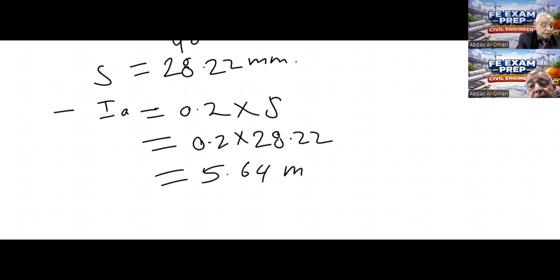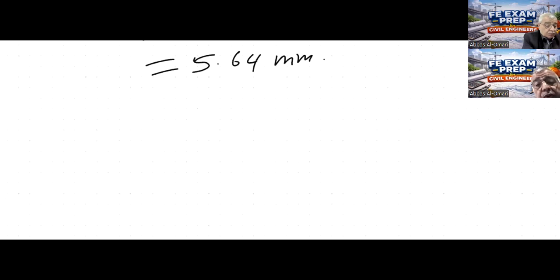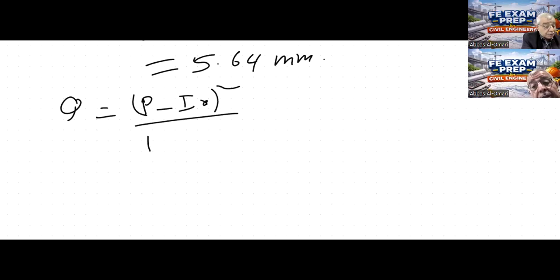Now we determine the runoff, direct runoff, Q, from the following formula, which is precipitation minus initial abstraction, squared, divided by precipitation minus initial abstraction plus storage.